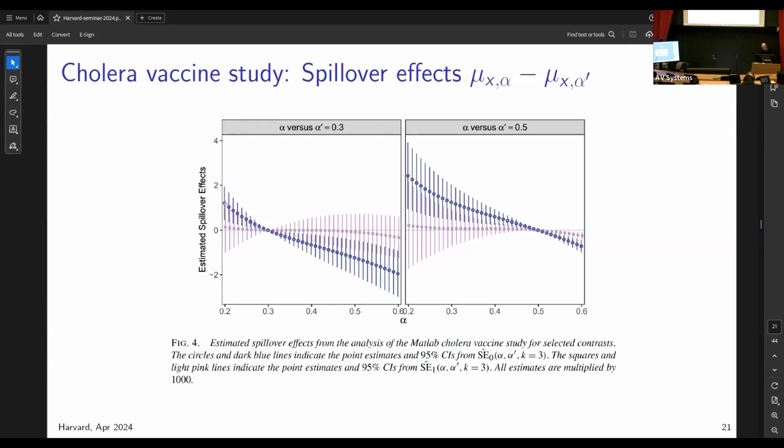You can see that the spillover effect estimates, the slope, is greater for the unvaccinated group compared to the pink lines. Those correspond to point estimates and confidence intervals if you're vaccinated. So it's the same take-home message, which is the spillover effect is stronger in the unvaccinated compared to the vaccinated.